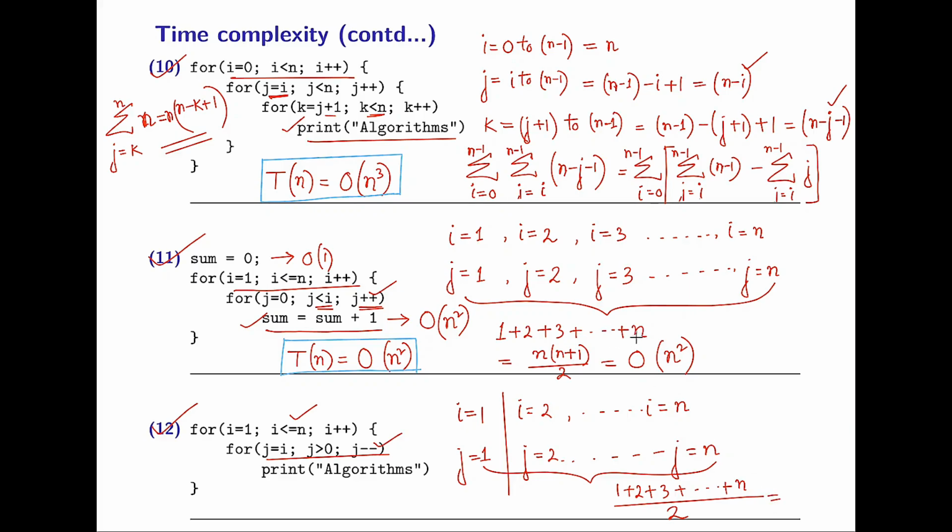This we have just seen, that is what, big O of n square. So this loop is going to run for big O of n square times. The statement inside the loop, print algorithms, is going to run big O of n square times. Yes. So what is the time complexity? T(n) will be equal to big O of n square. So this is our answer.